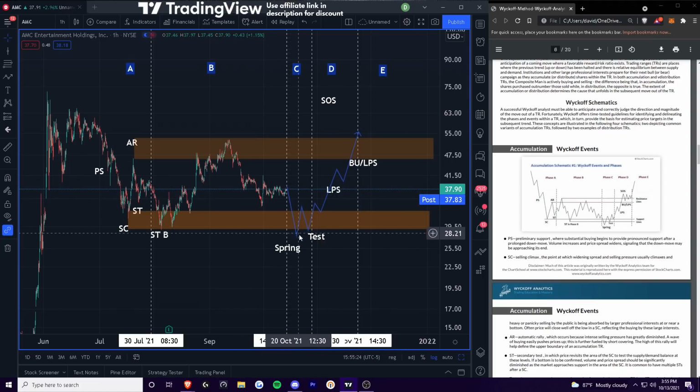Then you're going to have a big sell-off, come back up, test the trading range one more time, and then you're going to have your move up into phase D.